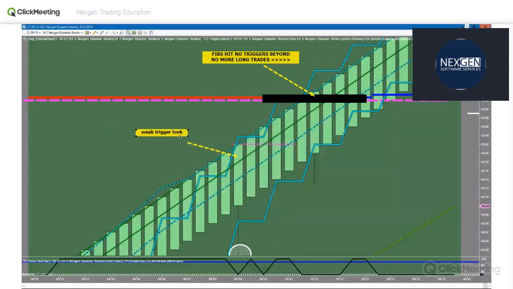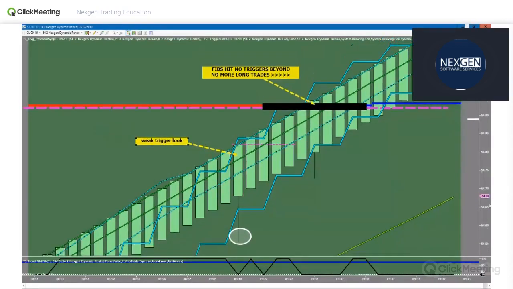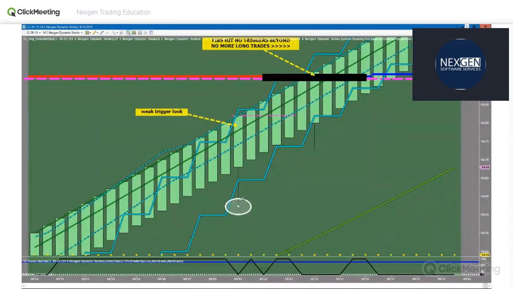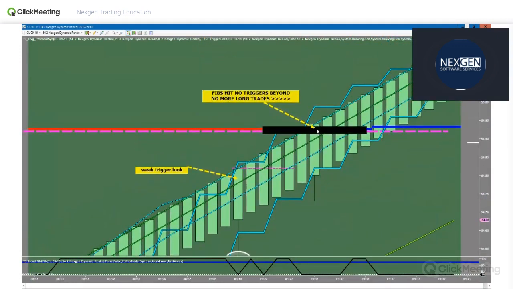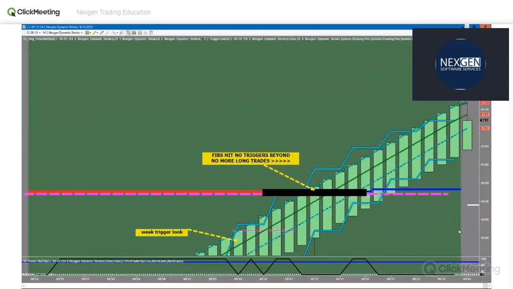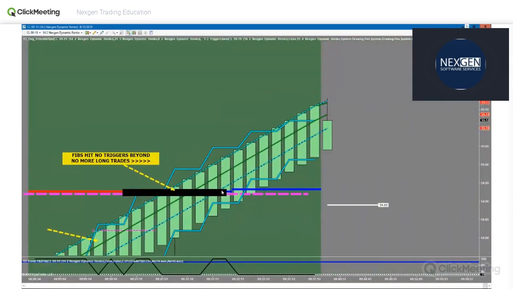So a weak trigger look, but the idea is, can you take one more long with the weak trigger look? And when does a weak trigger look stop the market? Well, when you get to fibs. And then when is it okay to go long again? Well, it's okay to go long again when you get triggers past the fibs. So it's very definitive things that we look at.